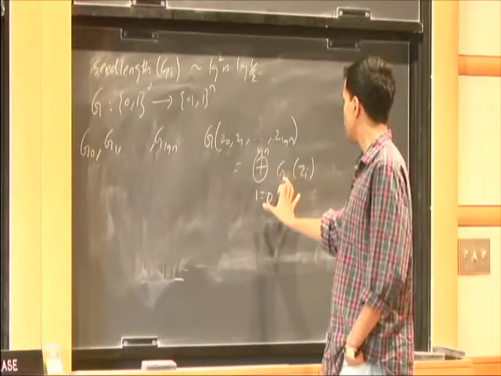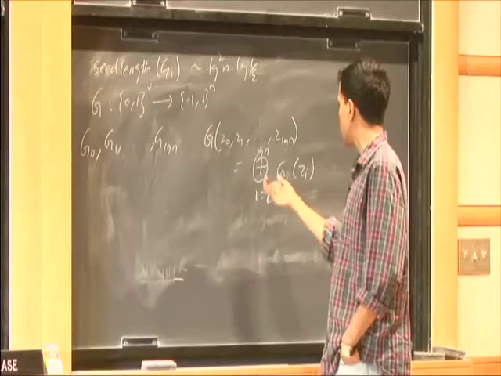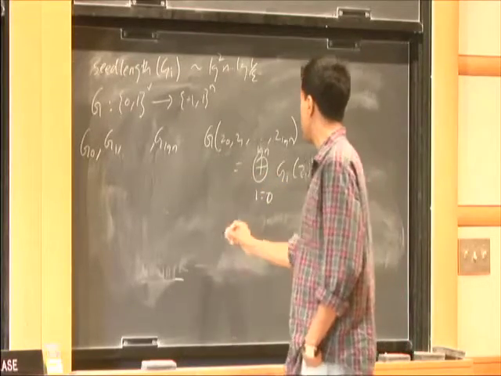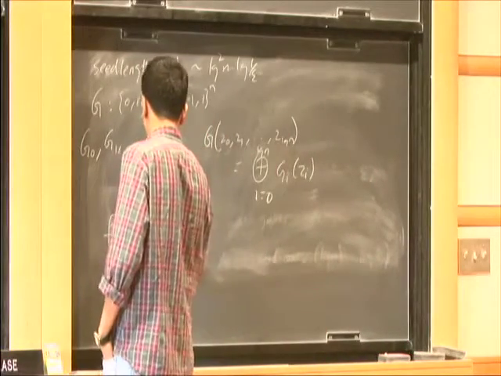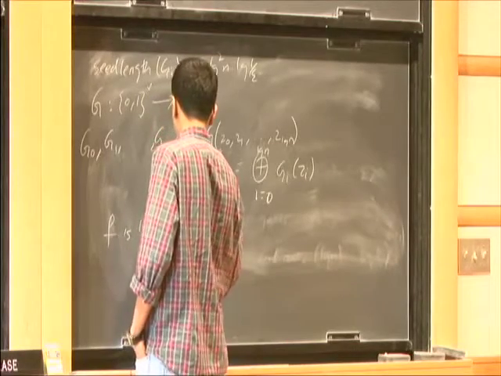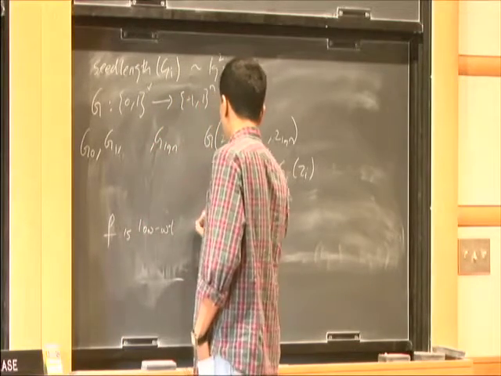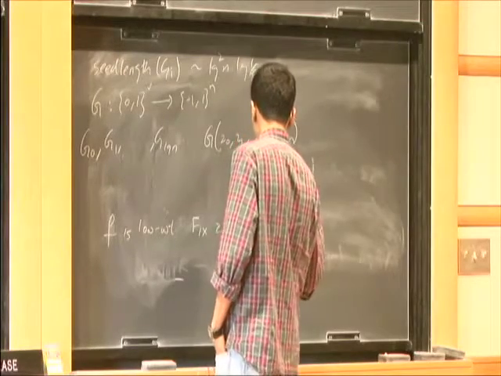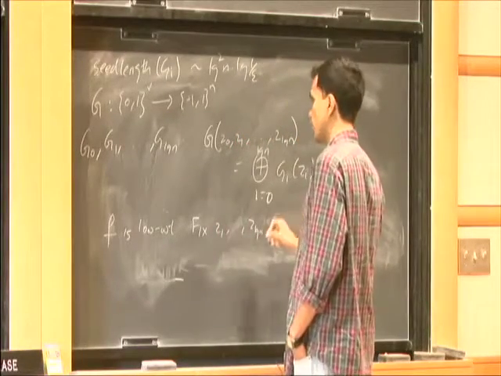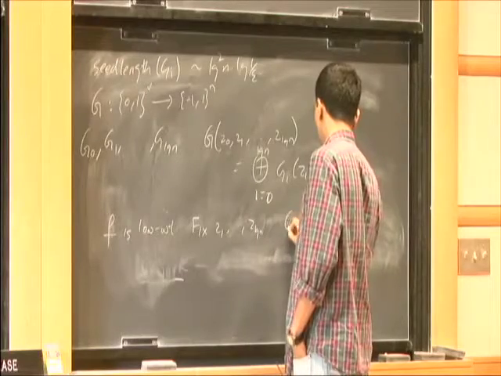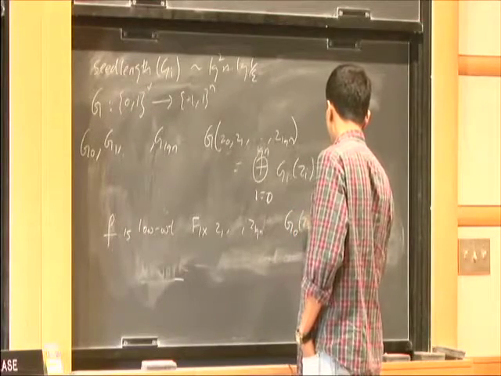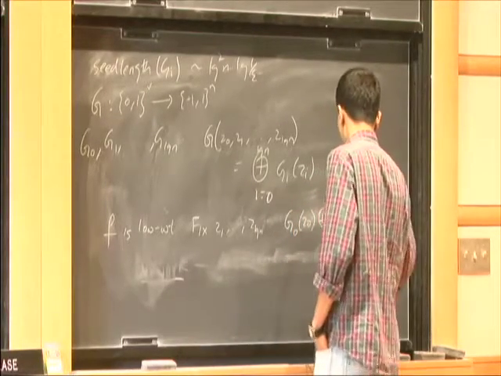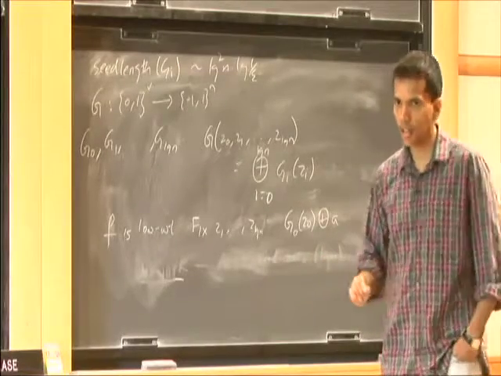And when you fix Z1 through Z log n, the output of this generator really looks like the output of, so let's say f is low weight, then fix Z1 through Z log n. In that case, the output of the generator really looks like the output of G0 on a random input plus some fixed thing, right.